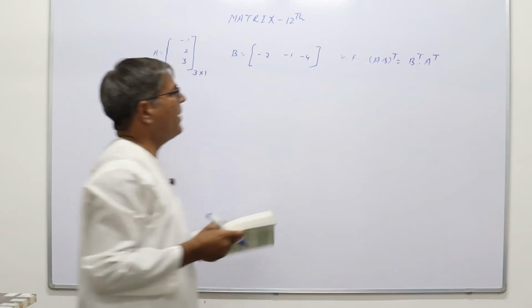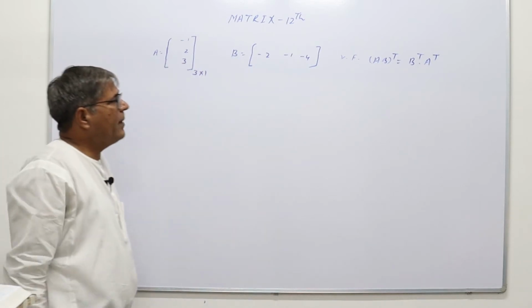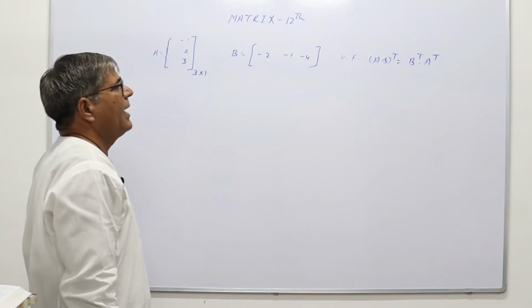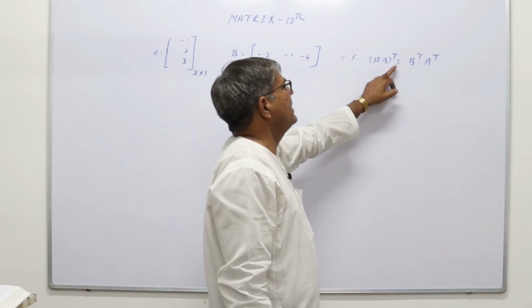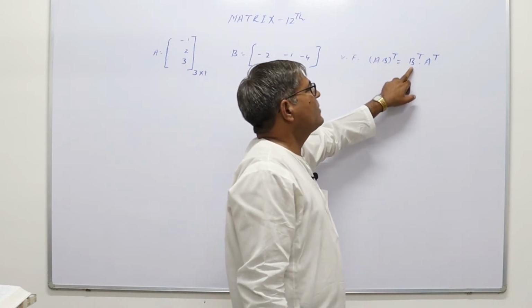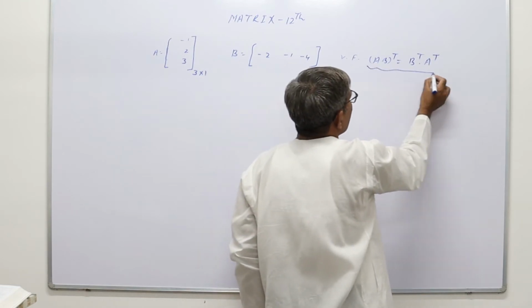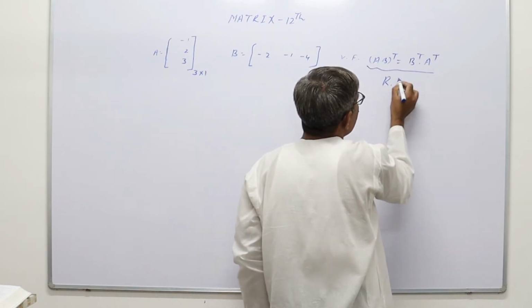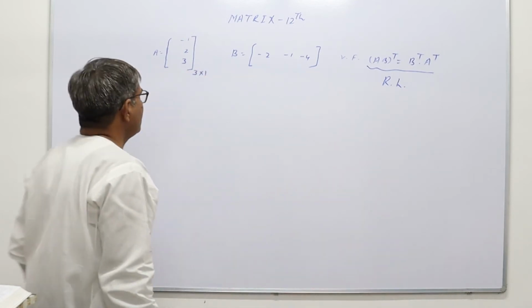This was property number 4 in the properties of transpose of matrix, that is, for two matrix multiplication, whole transpose is equal to B transpose into A transpose, and this property is also known as reverse law. So on the basis of reverse law, how will we find this application?